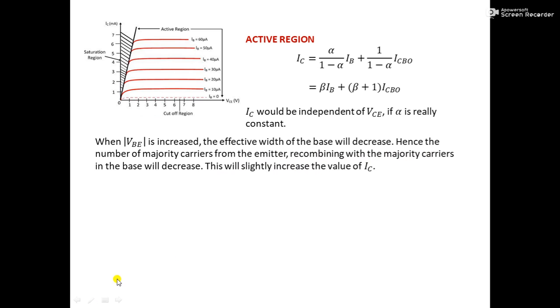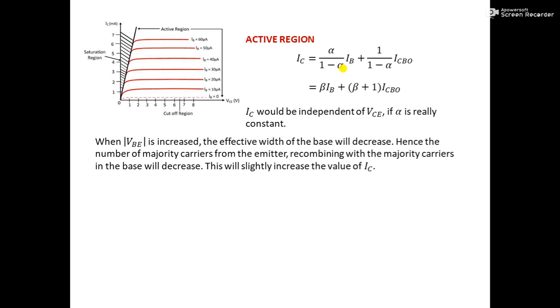As we know, alpha is equal to IC by IE, hence the value of alpha will increase by a small amount, and according to the relation beta is equal to alpha by 1 minus alpha, the value of beta will increase by a large amount as VCE is increased. In the last lecture, we have seen that a small change in alpha causes a very large change in beta. This is the reason why the output characteristics are not horizontal but slope upwards.